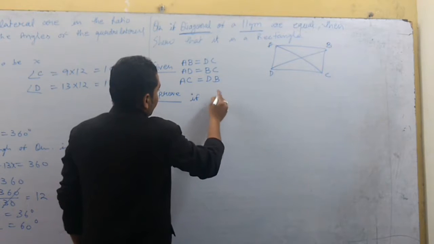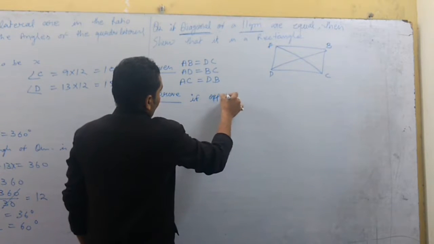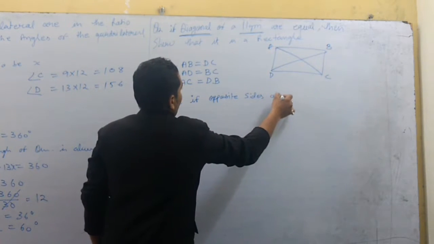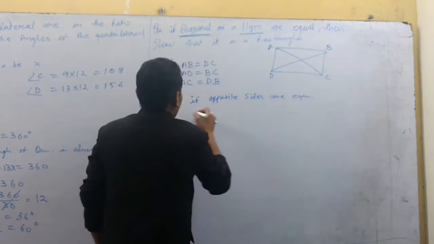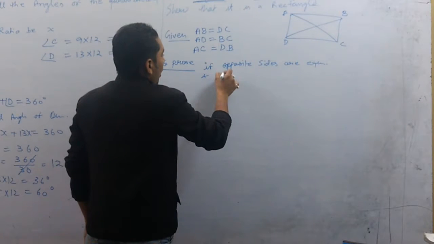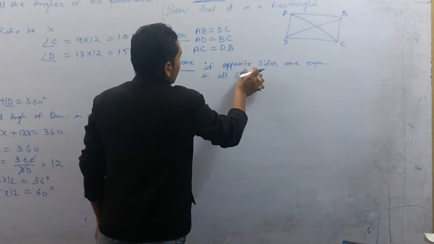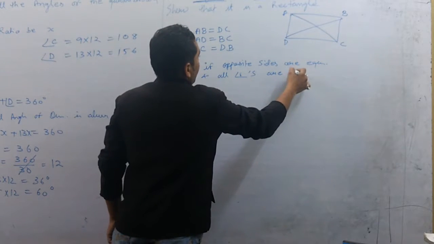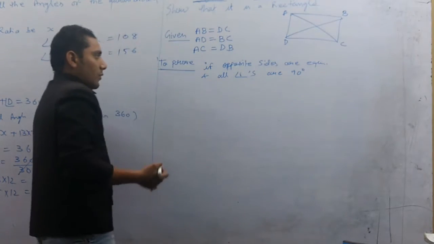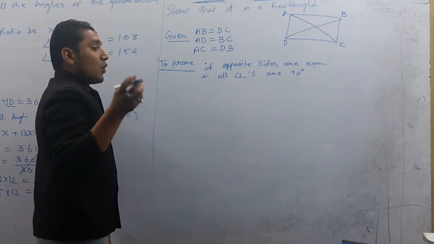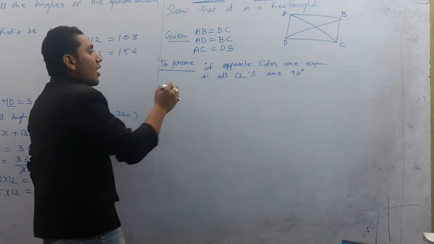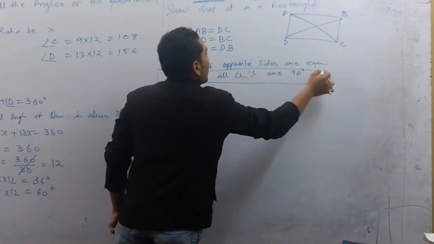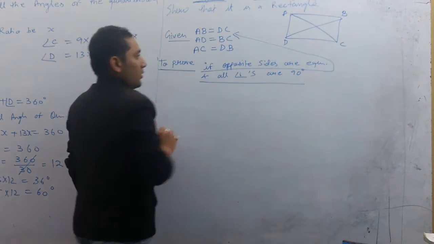If opposite sides are equal and all angles are 90, then it is a rectangle. So here we only have to prove that all angles are 90, because opposite sides being equal is given here.